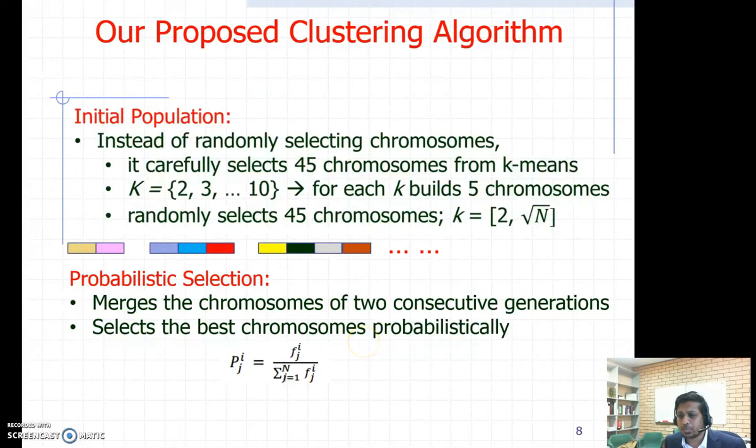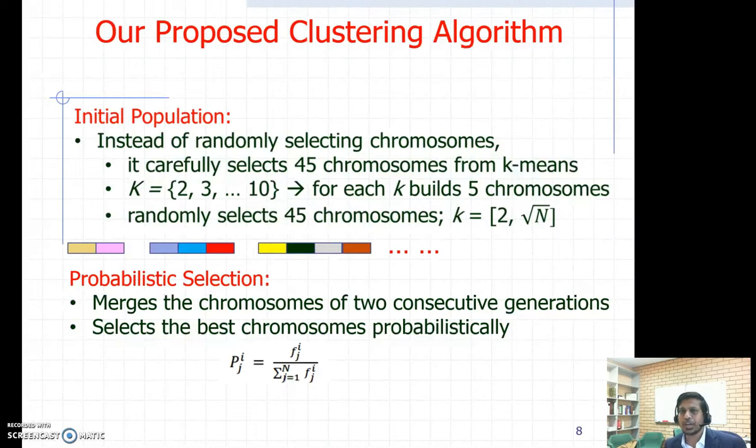So here in this paper we propose a few new approaches. For example, for initial population, inspired by our previous techniques. Please read the details in the paper. All these things are very clearly explained in the paper, but just to briefly introduce, we introduce an initial population technique where the idea is to start the crossover and mutation and the whole genetic operation process with a very good initial population.